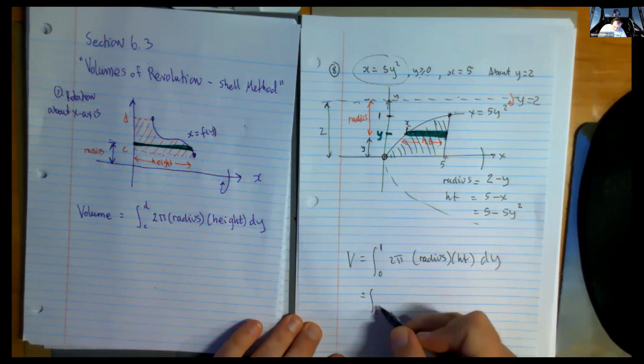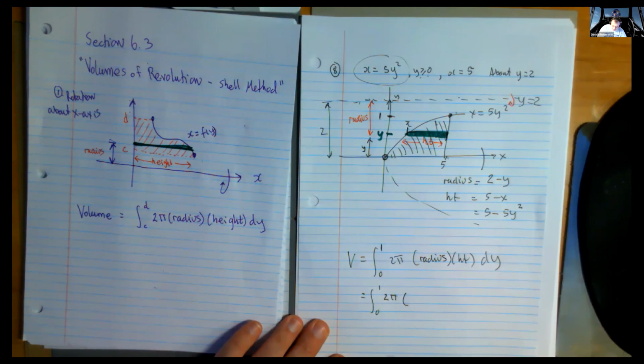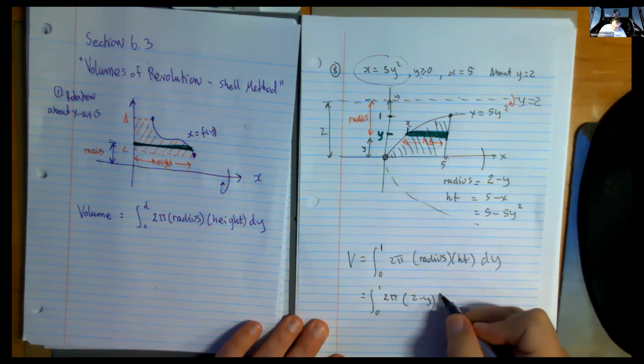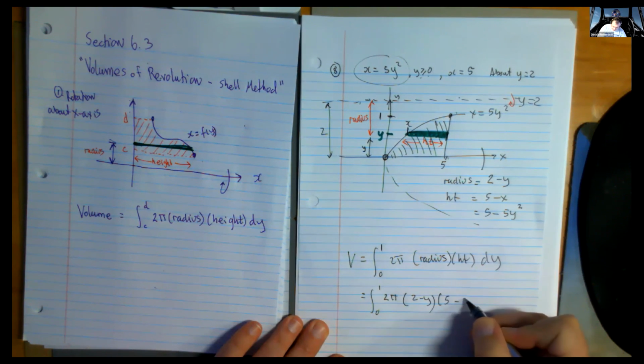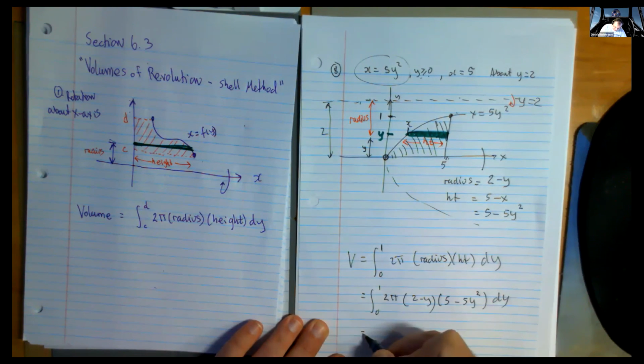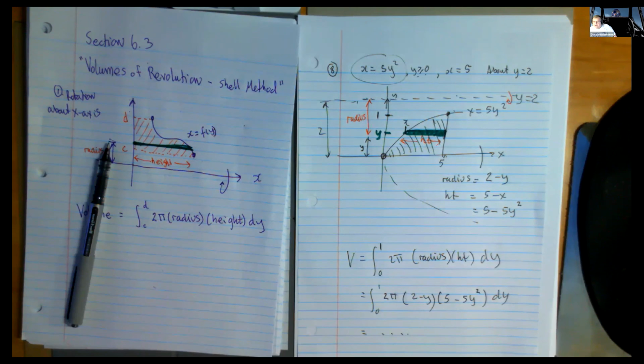So it's the integral from 0 to 1, 2 pi, a radius of 2 take away y, and a height of 5 take away 5y squared dy. Would you agree that's pretty much the finish of that question? The rest is FOIL it out and power rules.